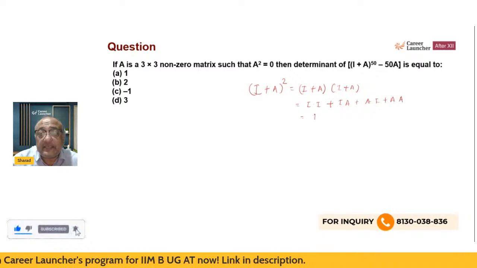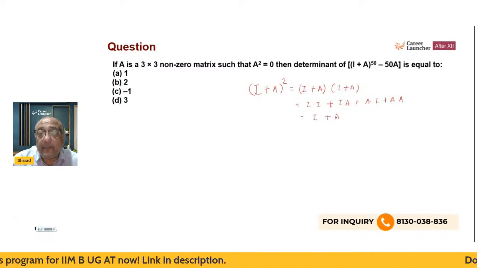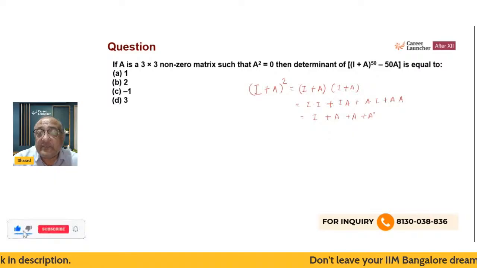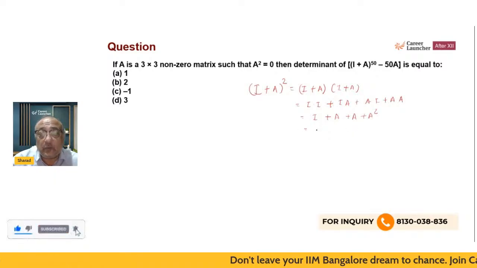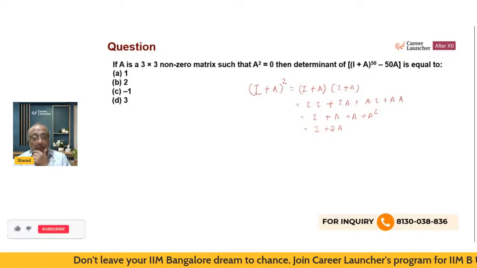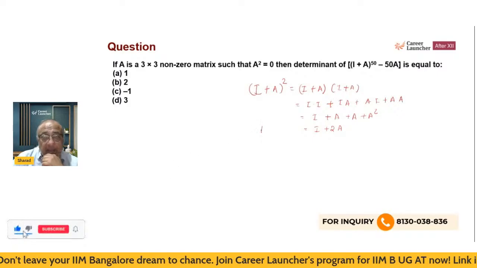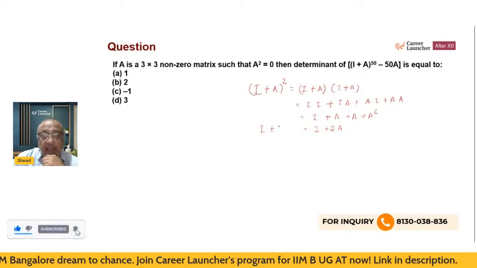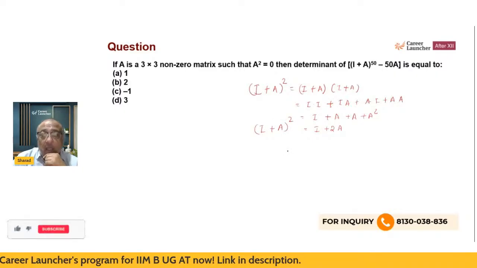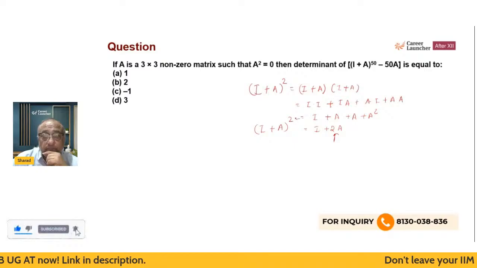So I into I is I, I into A is A, A into I is A, and A into A is A square. As we know that A square is 0, so we can write this is I plus 2A. Now take a pause. Look at this. The power is 2, and because of A square being 0, I have got this 2 coming over here.